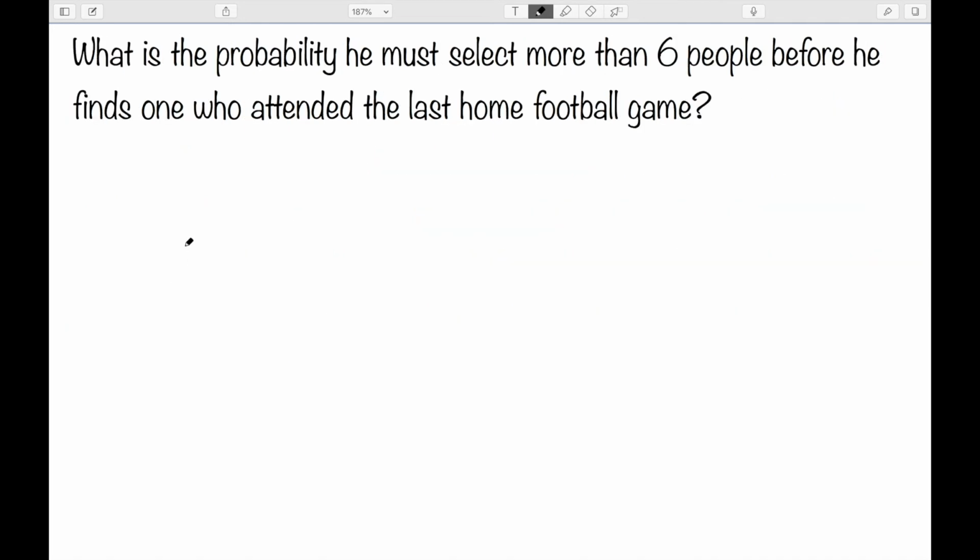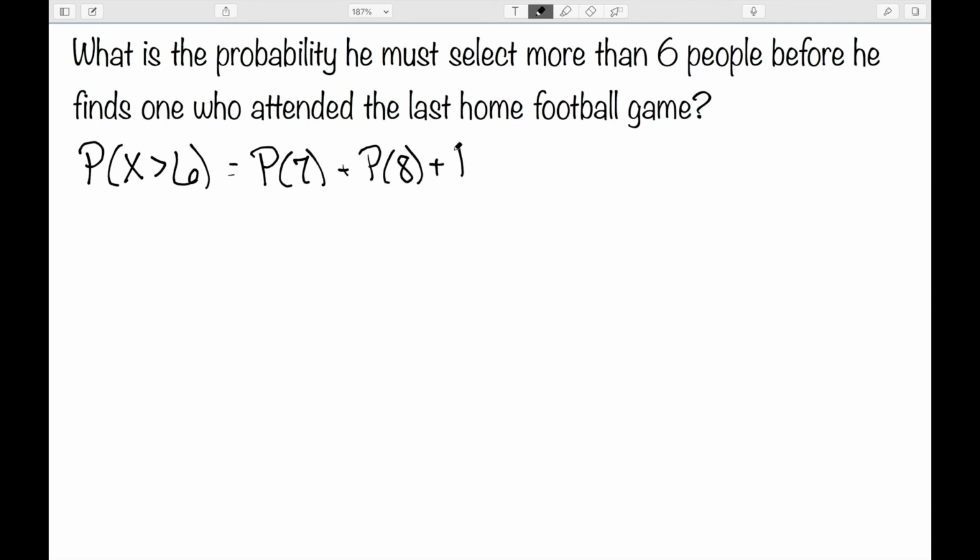A follow-up question, what is the probability he must select more than 6 people before he finds one who attended the last home game? We want the probability that x is greater than 6. So we would take the probability of 7 plus the probability of 8 plus the probability of 9, and this would go on forever, which we can see is impossible. So this is not how we want to do it.